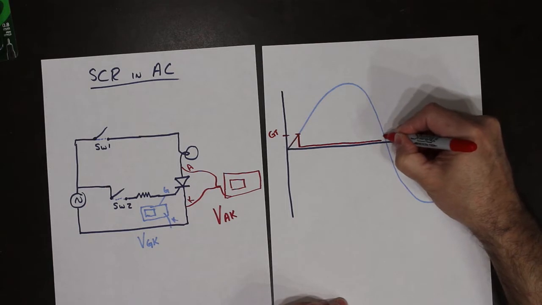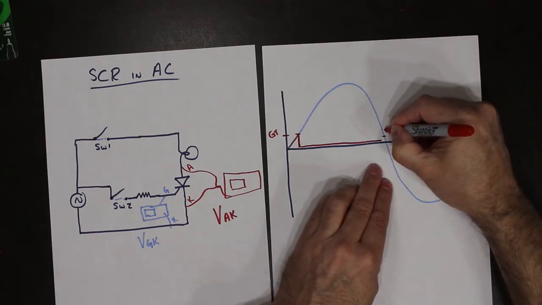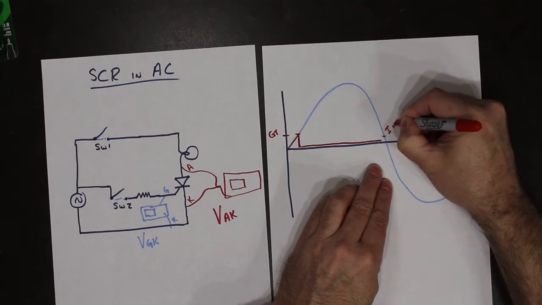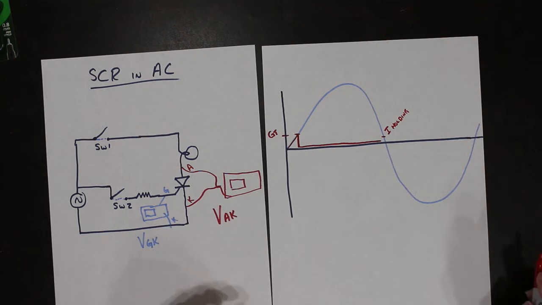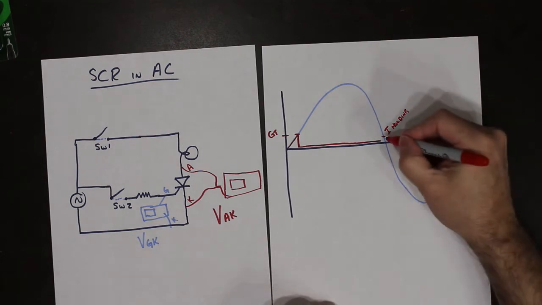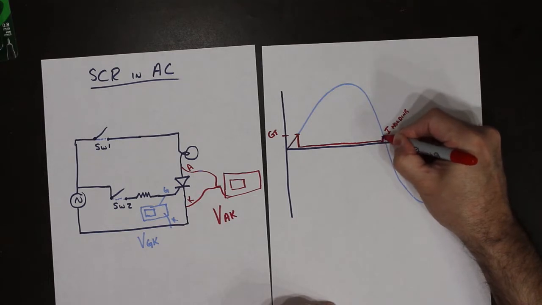So let's say right there. This would be the point where we fall below the holding current and the device turns off.